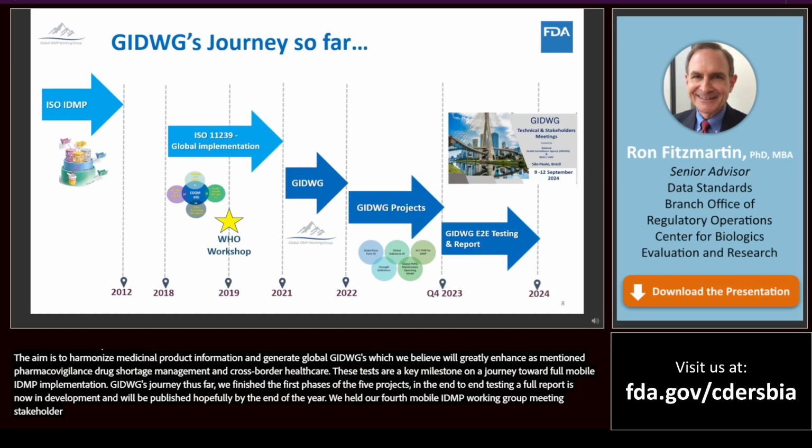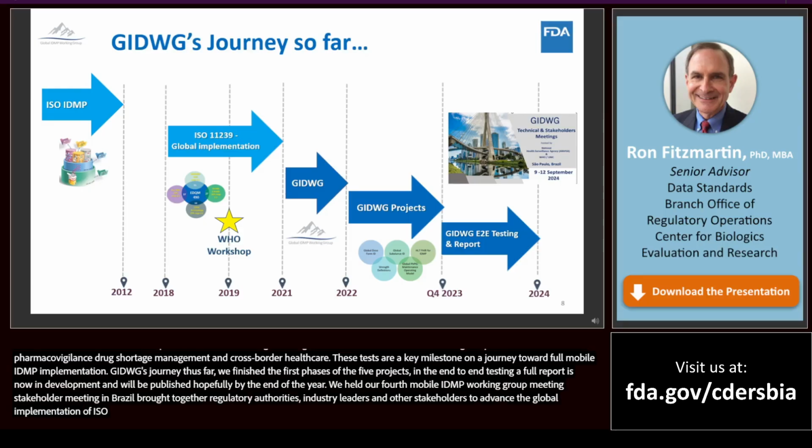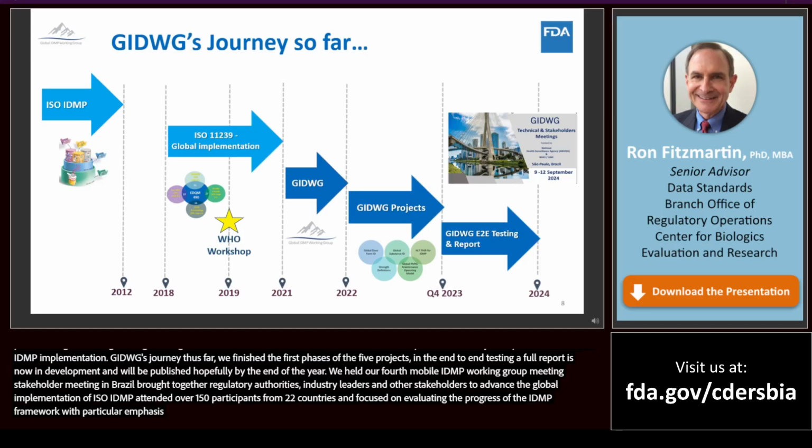It brought together regulatory authorities, industry leaders, and other stakeholders to advance the global implementation of ISO IDMP. The event was attended by over 150 participants from 22 countries and focused on evaluating the progress of the IDMP framework with a particular emphasis on the end-to-end testing of global identifiers.